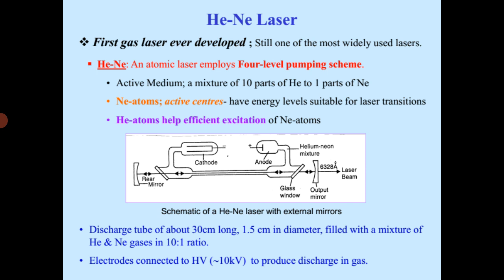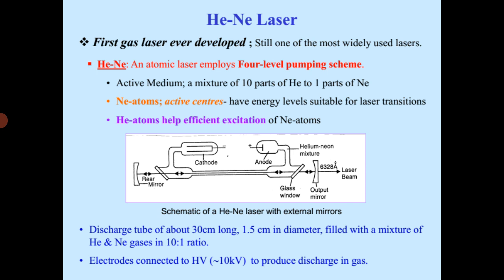Cathode and anode are present, then glass window, active medium, output mirror, and the laser beam having wavelength 6328 angstrom. The discharge tube is about 30 cm long and 1.5 cm in diameter, filled with a mixture of helium and neon gases.